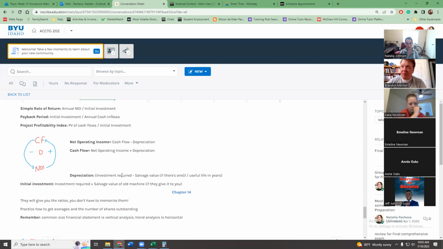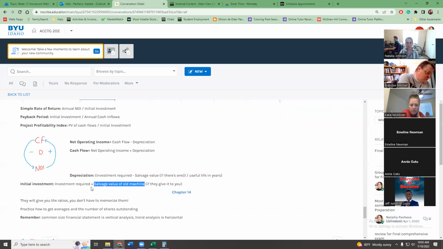Depreciation is the investment minus the salvage value of the same machine, if they give you one, divided by the useful life in years. And for the initial investment, if they give you the salvage value of an old machine that they're going to sell and then buy a new one, then you add that salvage value to your investment.